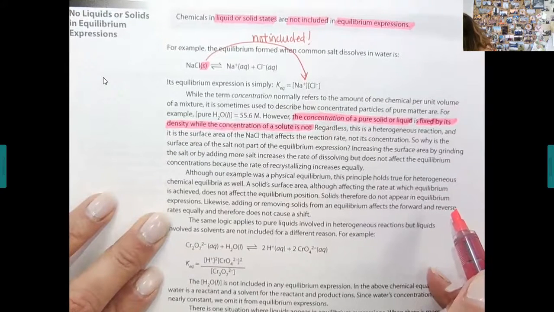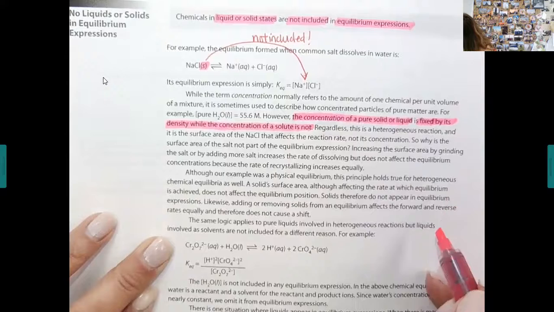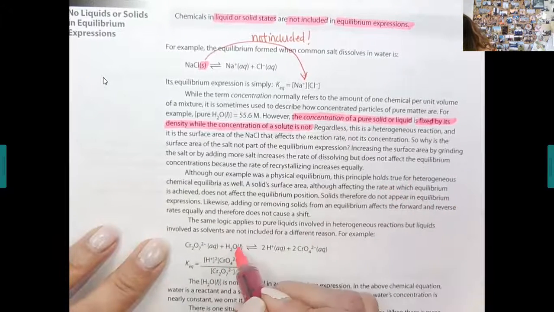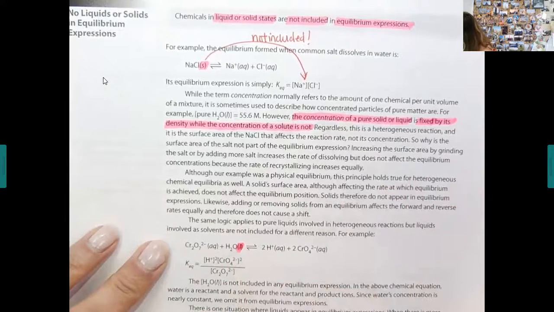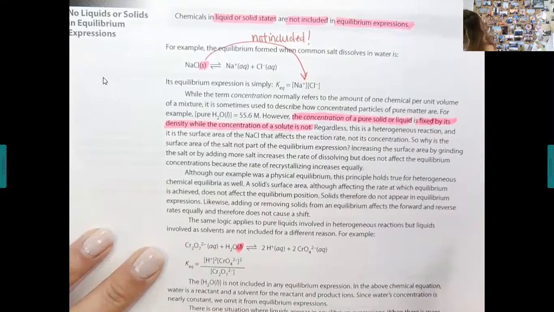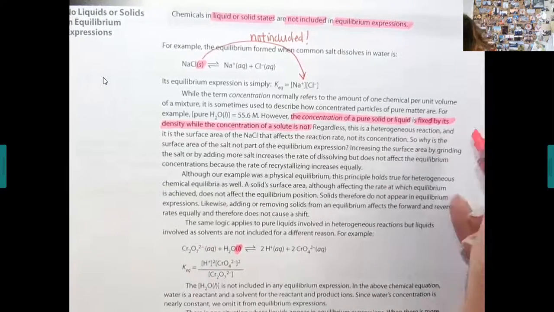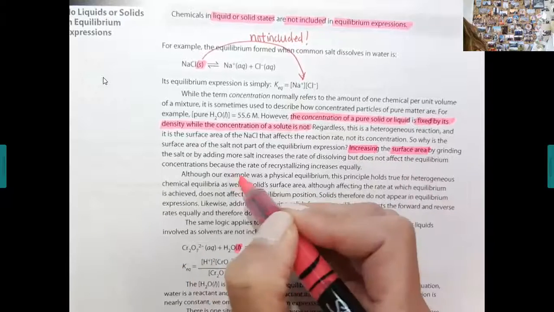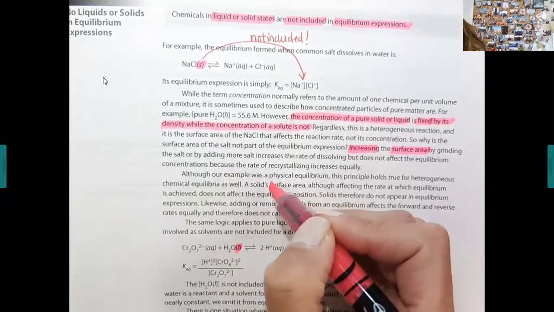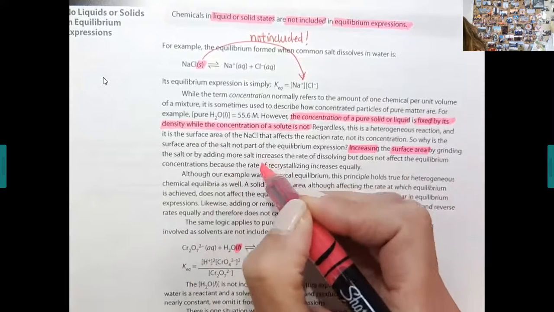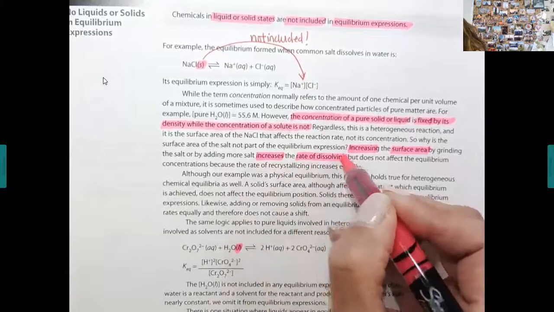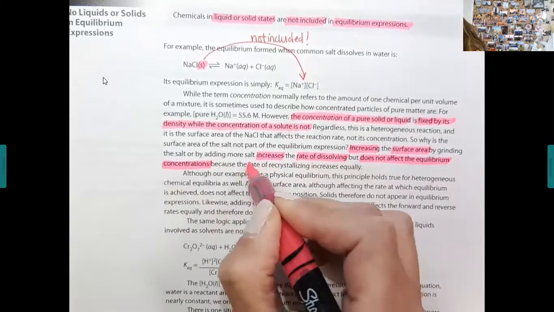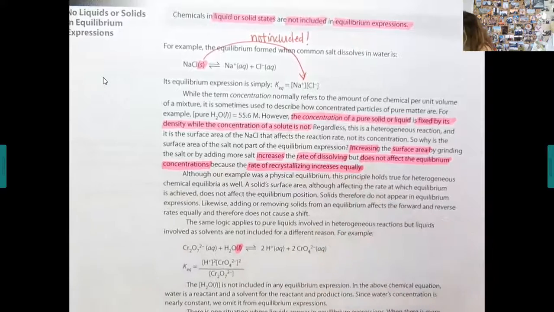I think the same sort of thing applies. Let's highlight this liquid down here. Increasing the surface area of a solid may increase the rate of dissolving, but it does not affect the equilibrium concentrations because the rate of recrystallizing is going to increase at the same time.